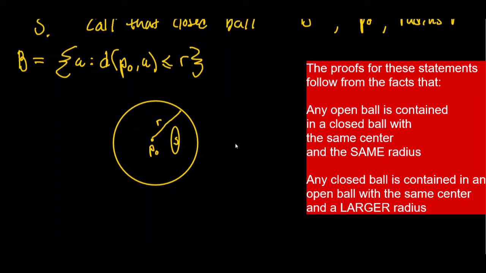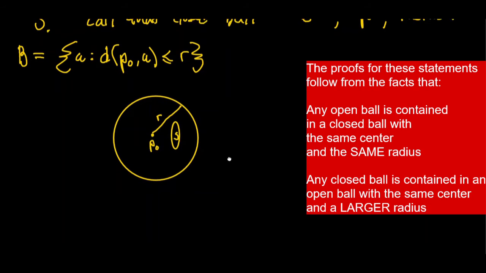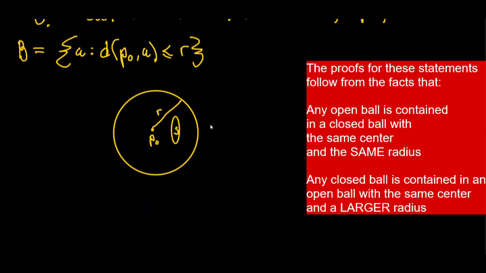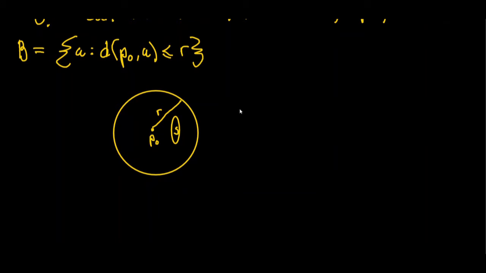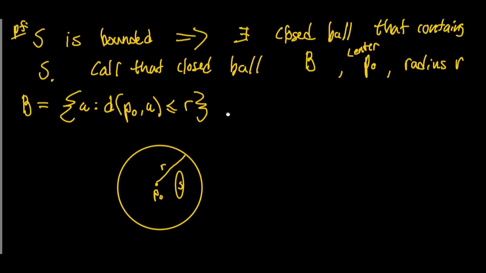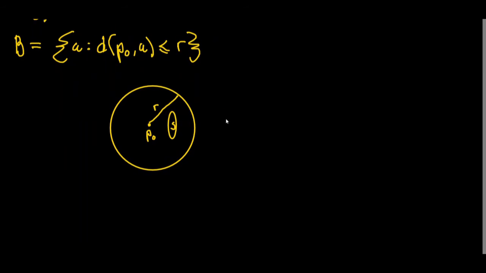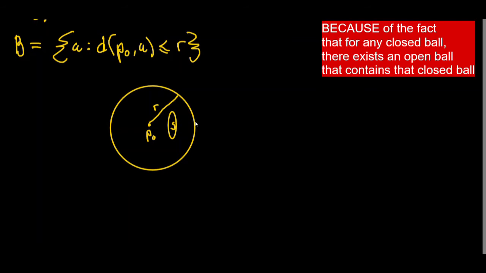They're not too hard to prove. So if we can show that there exists a closed ball with center Q, for any Q in our metric space E, that contains our bounded set S, then we've proven what we wanted to prove. We've also shown that there exists an open ball with center Q that contains S.